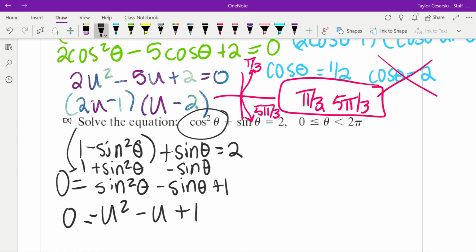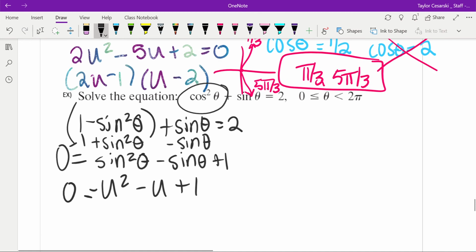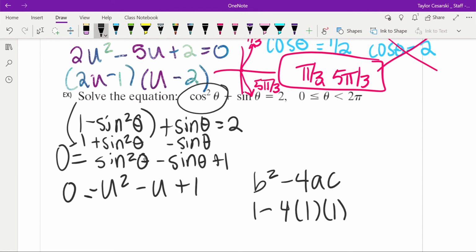Now, if you take the discriminant, b squared minus 4ac, so 1 minus 4 times 1 times 1, this right here is negative.